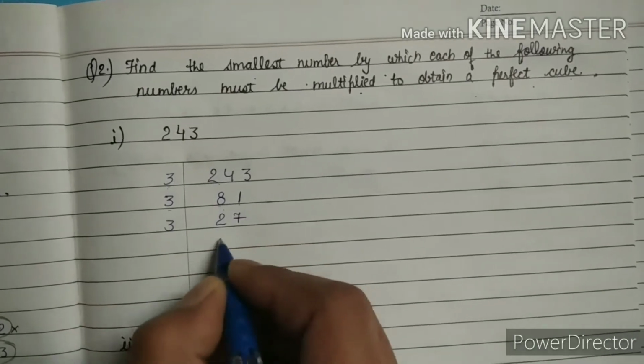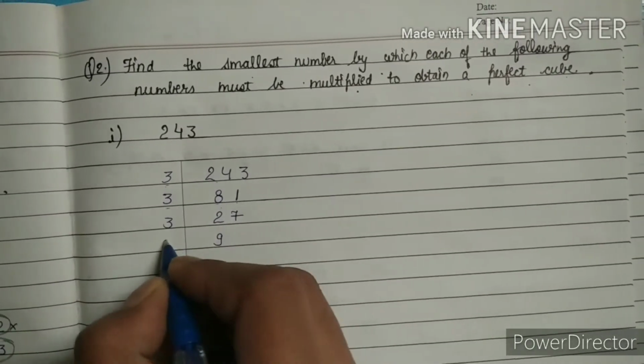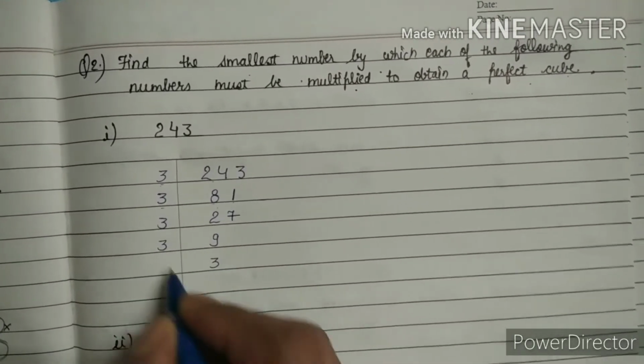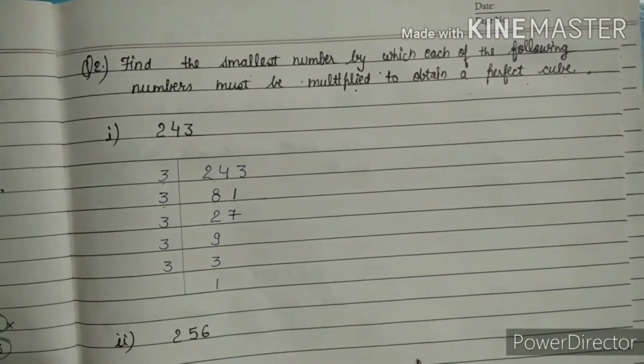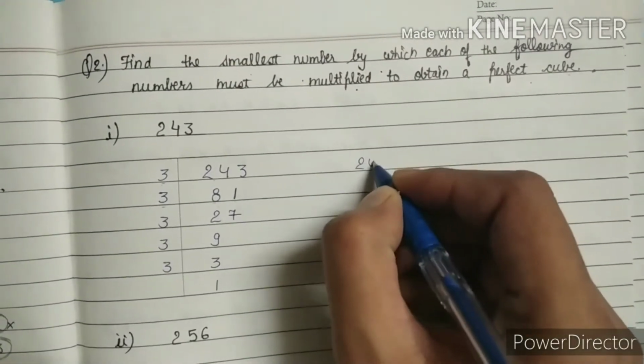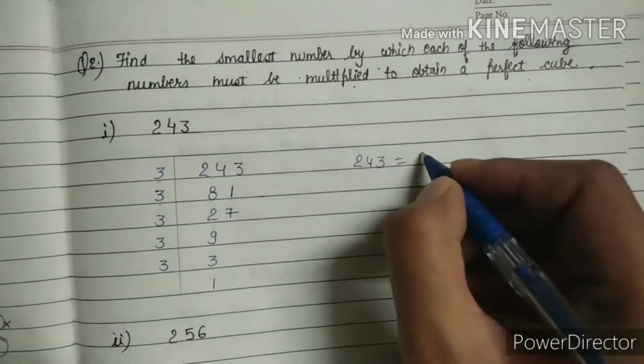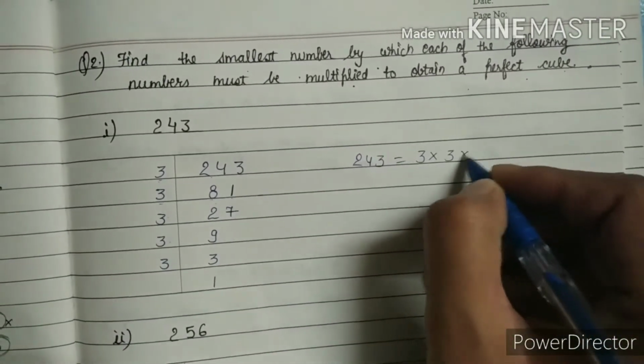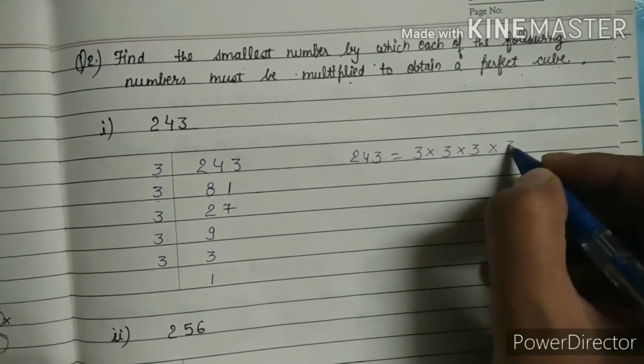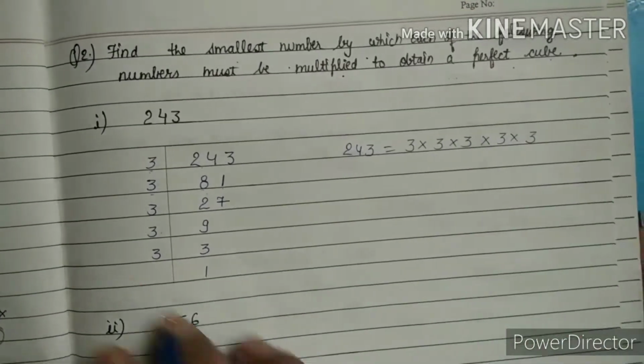Now 3 9s are 27. 3 3s are 9. 3 1 is 3. So the prime factors of 243 are 1, 2, 3, 4, 5 times 3.